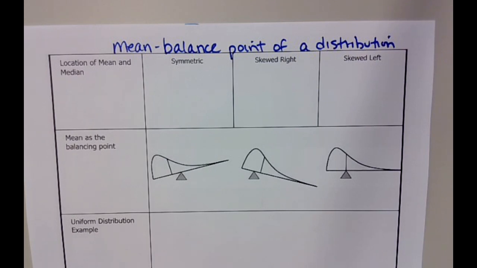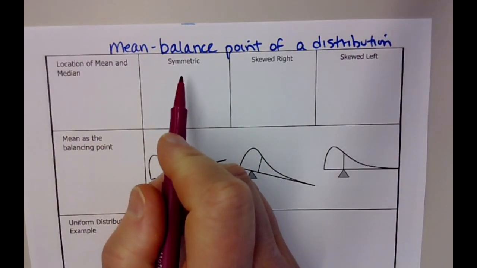So it's the balance point of a distribution. And by that I mean that if the curve was made of solid material, it would balance on that mean, where the value of the mean lies.